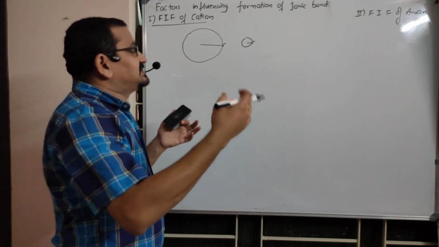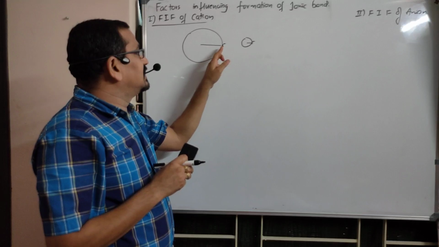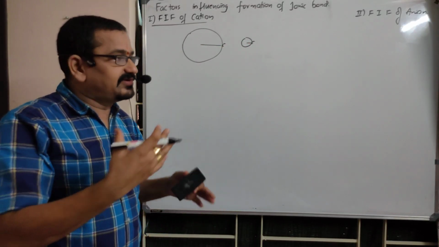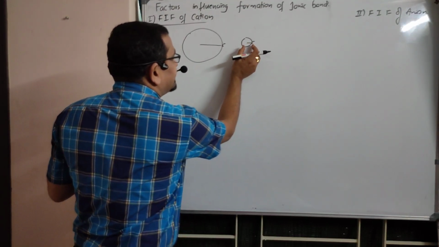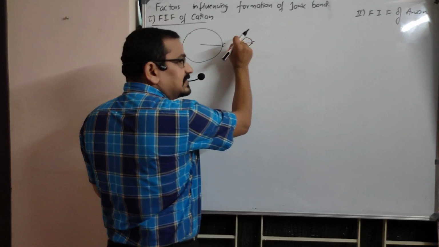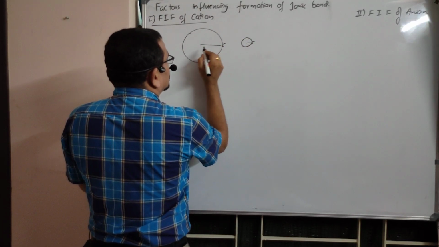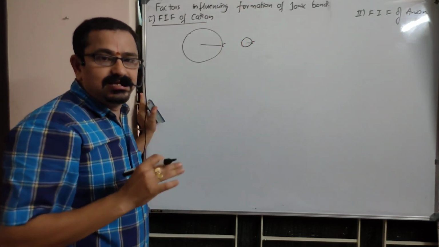Where the electron is weakly held to the nucleus. The electron that is weakly held can be easily removed. If it is closer to the nucleus, it will be held strongly, firmly. When the distance is more, the nucleus cannot hold the electron, and such an electron can be easily removed.